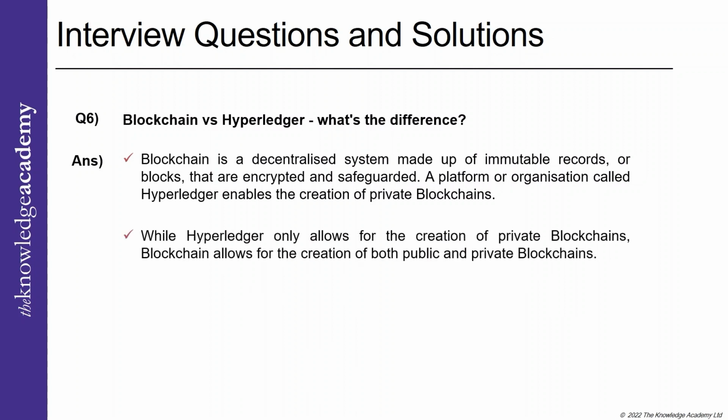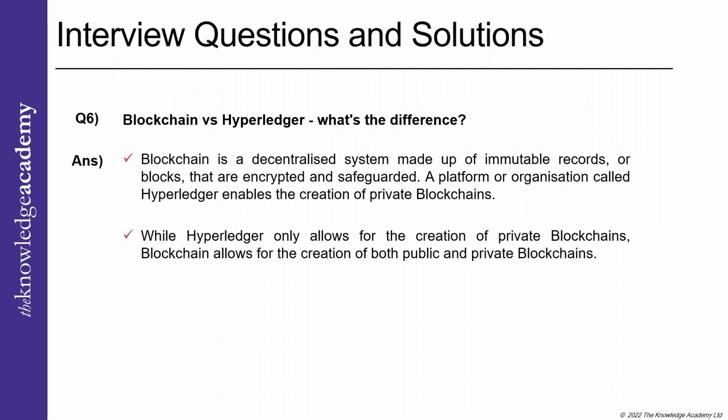While the Hyperledger only allows for the creation of private blockchains, blockchain allows for the creation of both public and private blockchains. Hyperledger is a private blockchain technology with access to blockchain data restricted to the predetermined users, configurations, and programming.